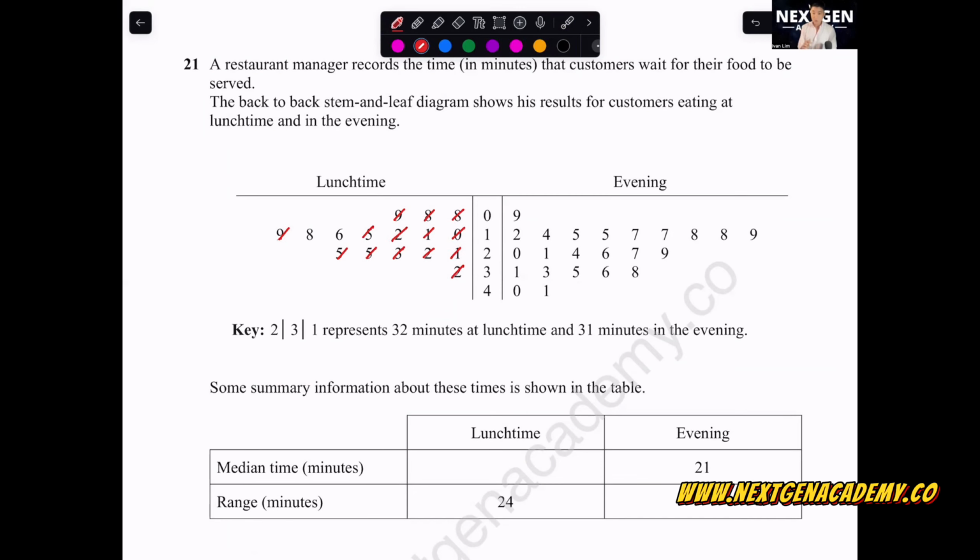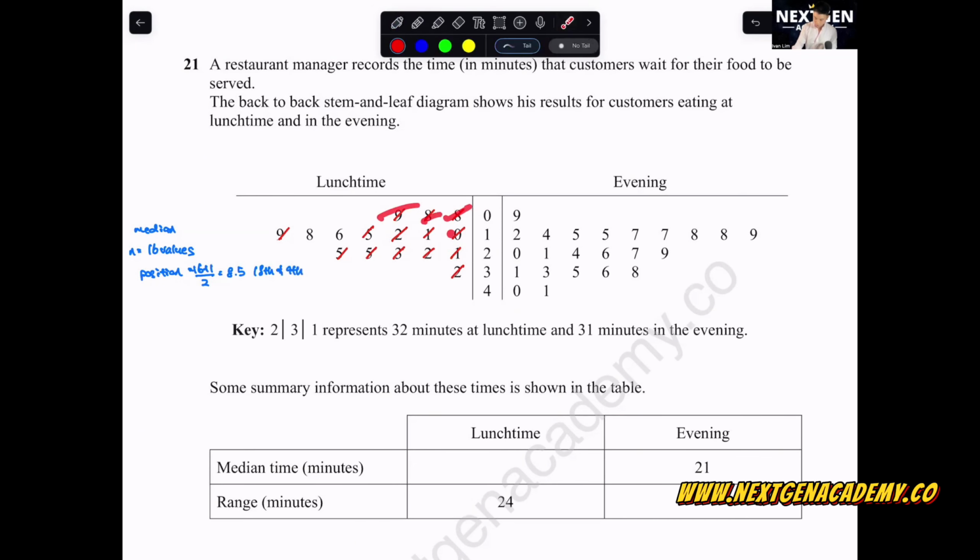If you don't want to do this method, you count the total number. You can double check this. 1, 2, 3, 4, 5, 6, 7, 8, 9, 10, 11, 12, 13, 14, 15, 16. So you got 16 values. The position of the median, this is your n, is 16 plus 1, divided by 2. 17 divided by 2 is 8.5. 8.5 means you take your 8th and 9th values, the average.